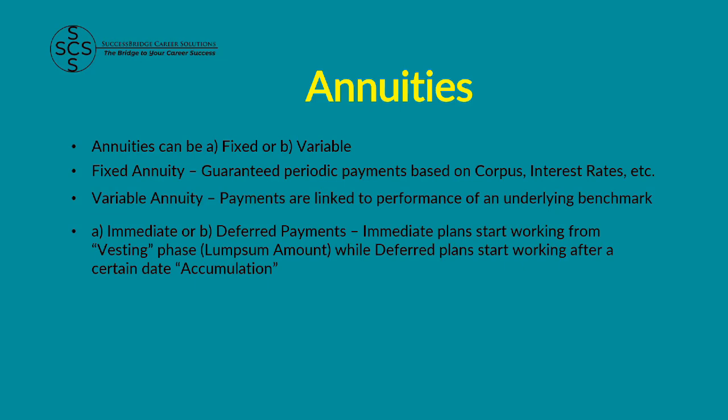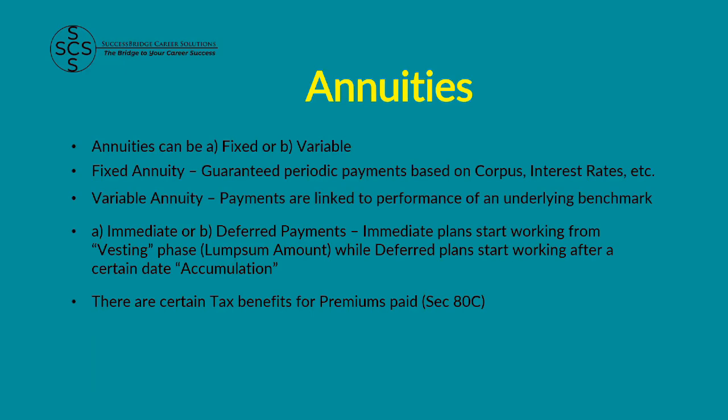For example, you have 50 lakhs and you want to invest that for your retirement, so you make the 50 lakh lump sum payment, and depending on the annuity, your payments start immediately at a certain date. Deferred plans start after a certain date, after the accumulation phase, and there are certain tax benefits on premiums paid towards the annuity.